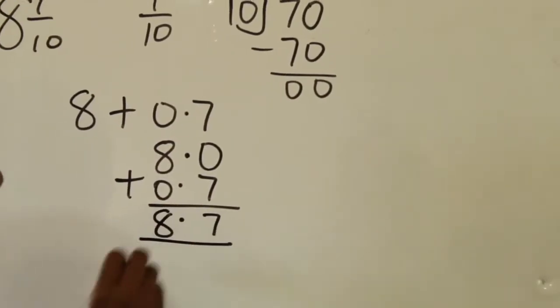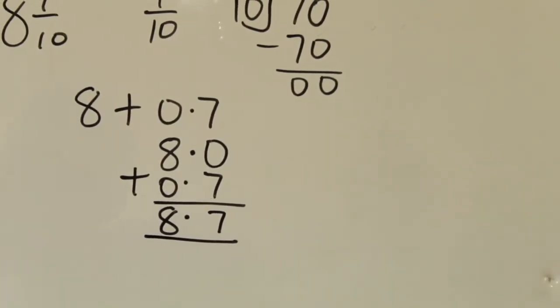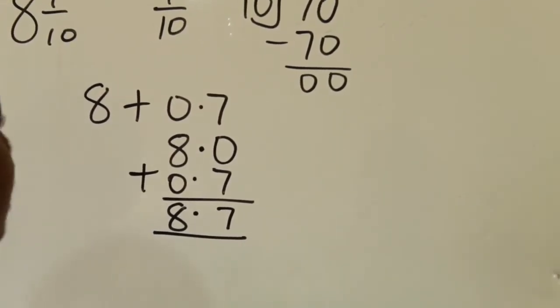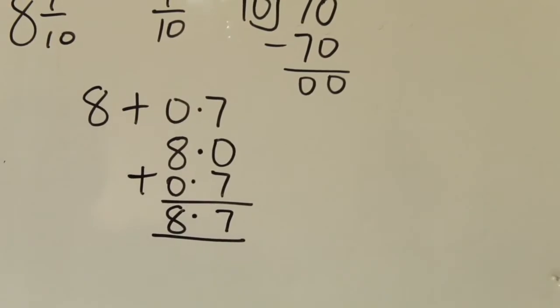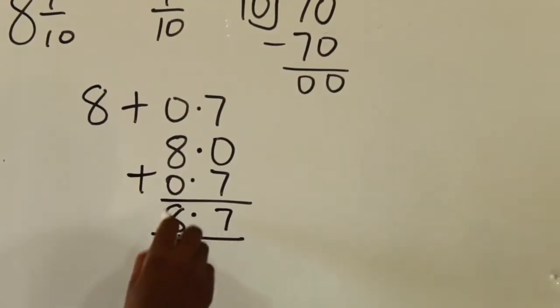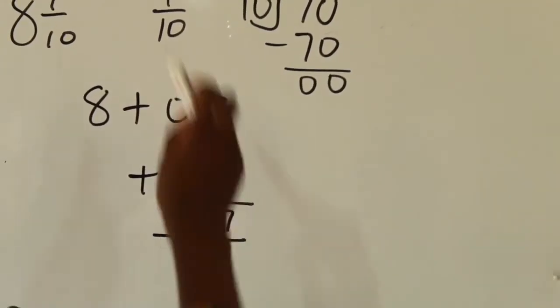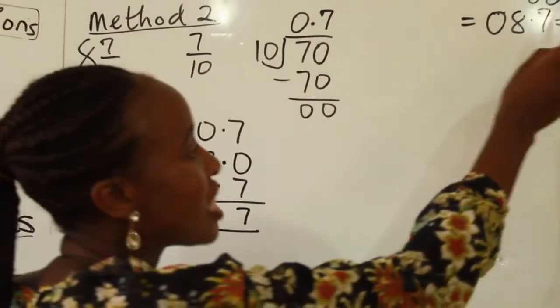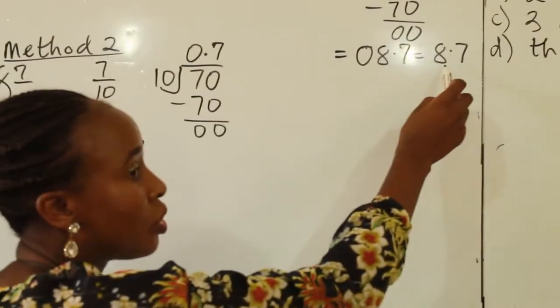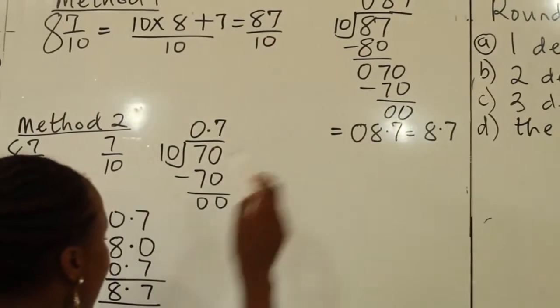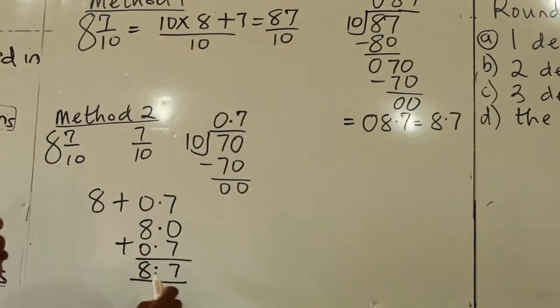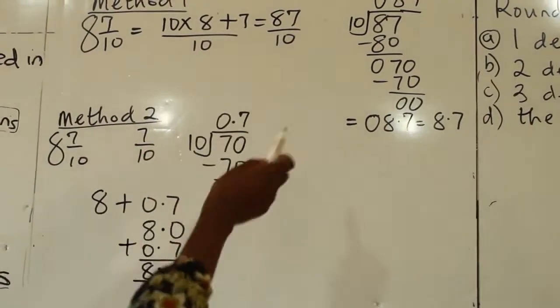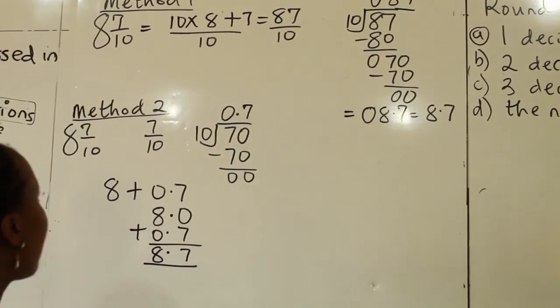So our answer is 8.7. 8 whole number 7 over 10 changed to a decimal is equal to 8.7. Let's get back to our first method. The answer we got when we used the first method was 8.7, and the answer here is also 8.7. So any of these methods can be used to get your answer.